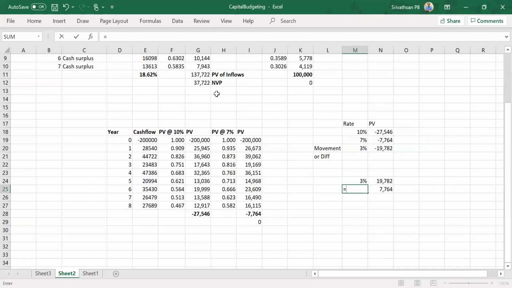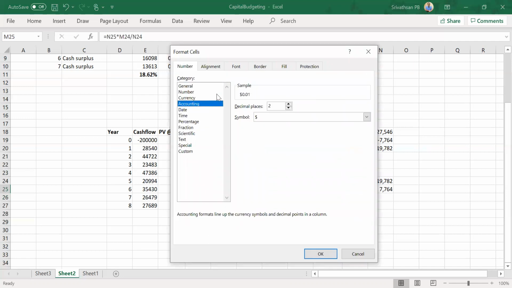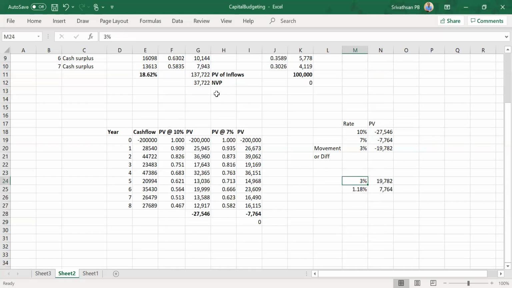Cross multiplication, 3 divided by this. Hope I'm correct. So percentage. For a 3% movement, I had 19,782. I need another 7,764 movement, which can be achieved by reducing the rate by another 1.18%.